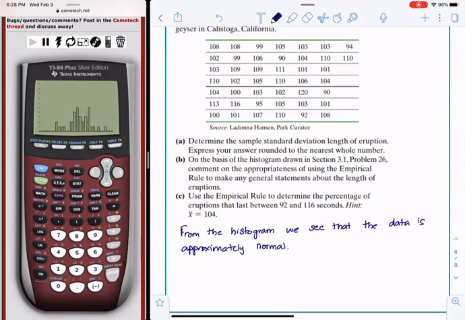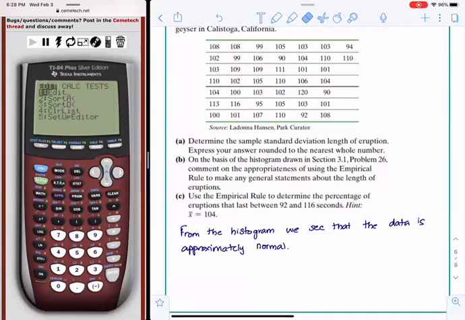In real life, most data sets would look much nicer than this one, and you can clearly pick out the shape of the distribution, if it is a bell curve or otherwise. So we need to find the standard deviation.